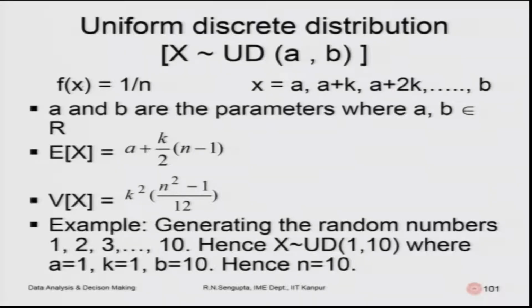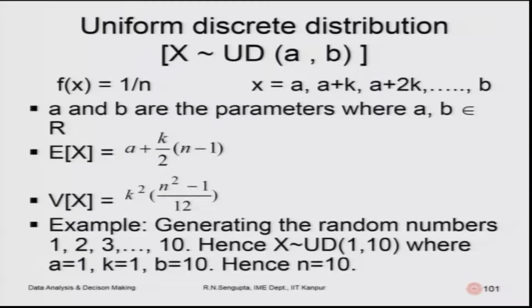Now, the f of x, which is the PMF, is denoted by 1 by n, where n is the number of such trials which you have, and the realized values of x, which is the random variable, in the least case you can have the minimum value, which is a, and the corresponding masses are concentrated at points which are a plus k. That means, the next jump is from a to a plus k.